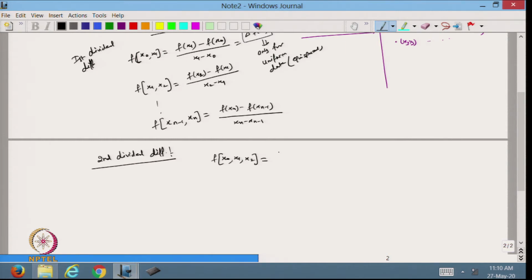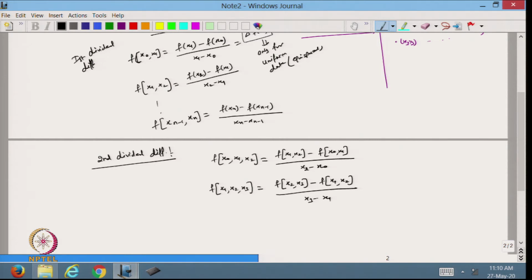This can be written as the first order divided difference f[x1, x2] minus f[x0, x1], divided by the last x2 minus x0. Similarly I can define f[x1, x2, x3], which is equal to f[x2, x3] minus f[x1, x2], the first order differences, divided by x3 minus x1.